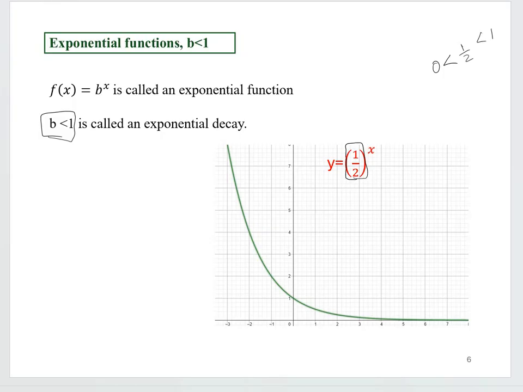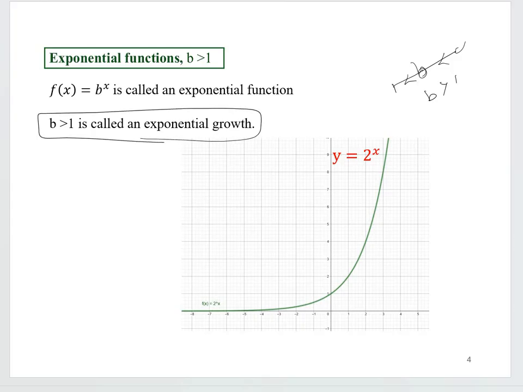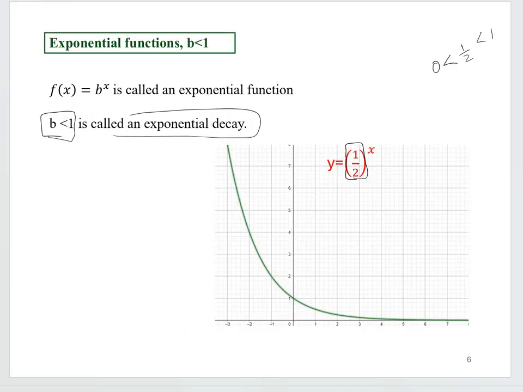And if the b value is greater than 1, for example it is 2 here, in between 1 and anything, then that function is called an exponential growth. So if b is greater than 1, it is an exponential growth, and if the base value is less than 1, it is called an exponential decay.